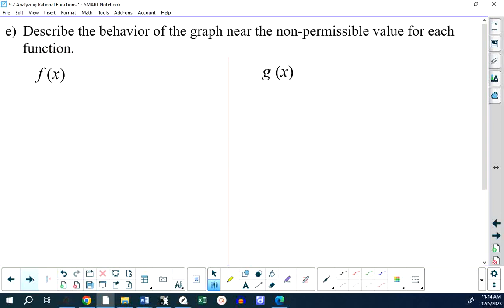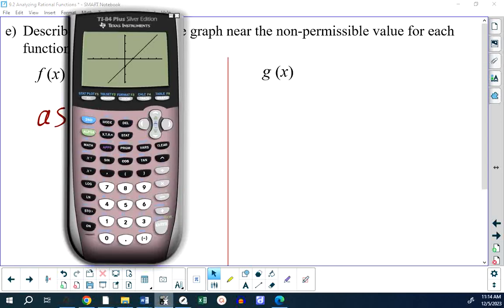So describe the behavior of the graph near the non-permissible value. I've already explained this to you visually with the graph and the trace function. On f of x, as x gets closer to that non-permissible value, what does y do? Let me put it back up here, but I may need a little bit of help here.